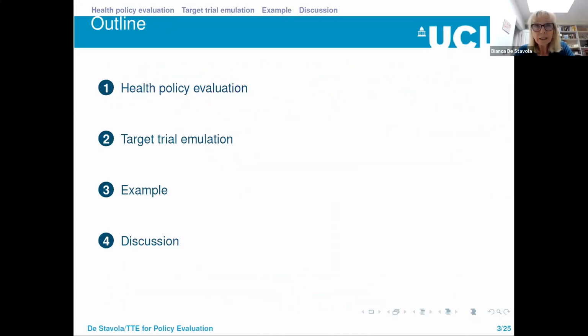So the outline of my workshop is to, first of all, introduce you to the principles of target trial emulation, to see how this is relevant to health policy evaluation, and then to work through an example, which is based on this project that we have called HOPE, that was discussed last week. And then I'll leave a few points of discussion.